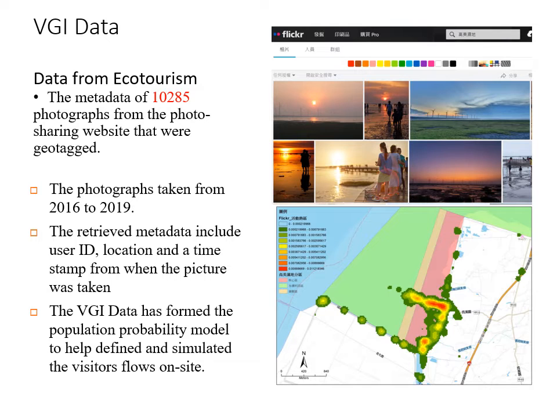The retrieved metadata include the user's ID, location, and a time stamp of when the picture was taken. Also, the VGI data formed the population probability model to help define and simulate the visitor flow on site.